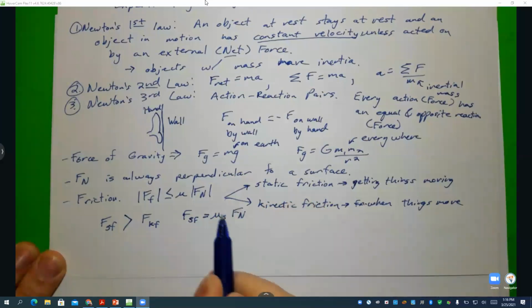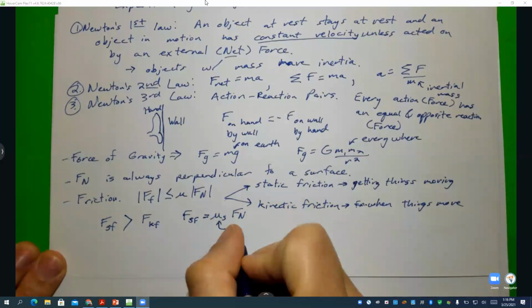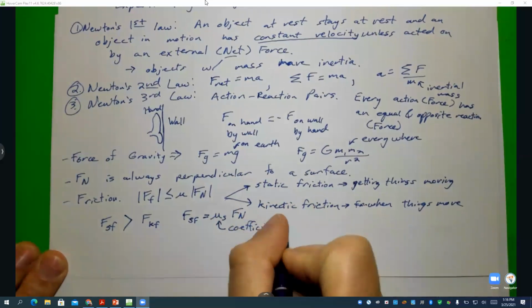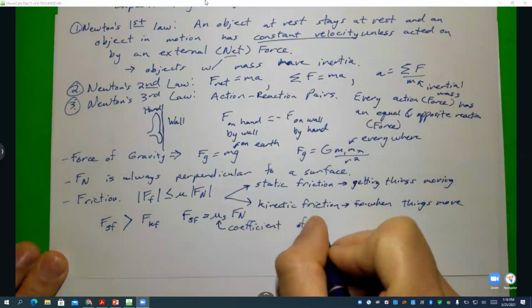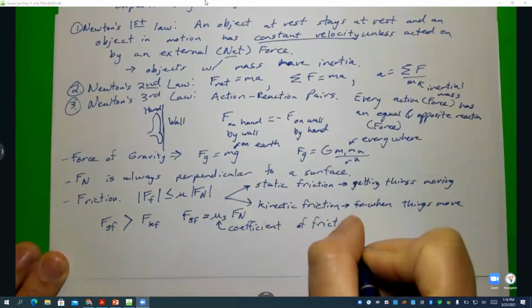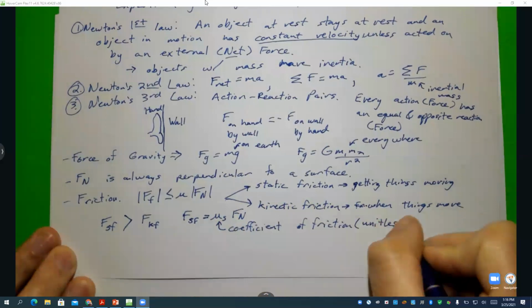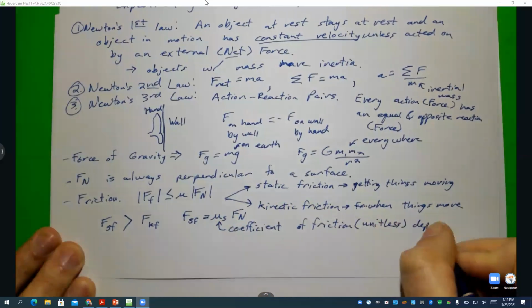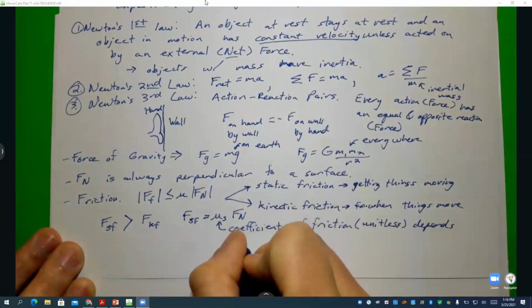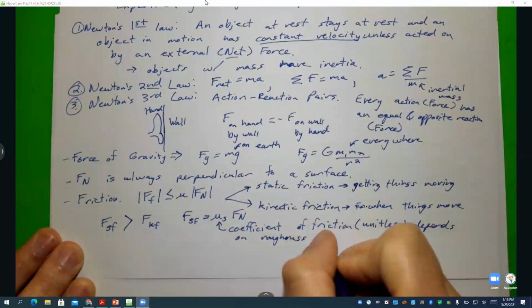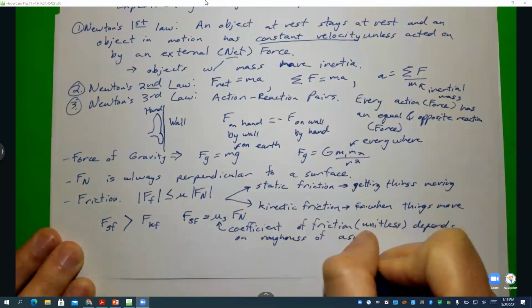The coefficient of friction, don't forget this is called the coefficient of friction, which is just unitless, and it depends on roughness of a surface.